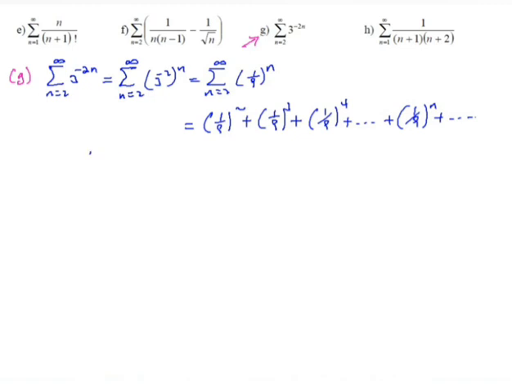Infinite geometric series, therefore the common ratio is 1/9 and the first term is g1, which is 1/9 the whole square.